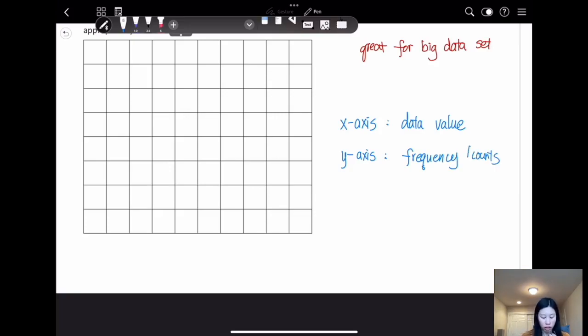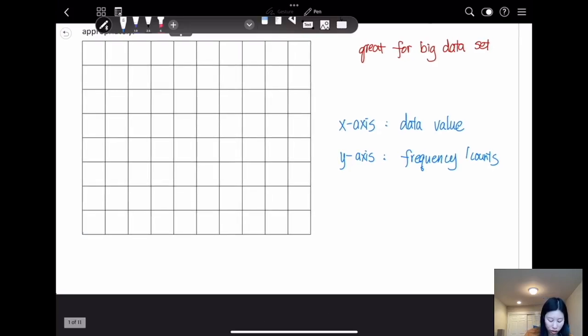Okay, so now let's try it. This is our origin. For our frequency we have 1, 2, 3, 4, 5, 6, 7. Remember, the origin is always 0. That's really important.